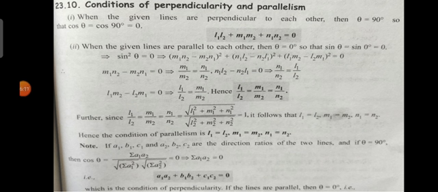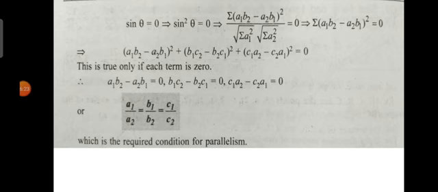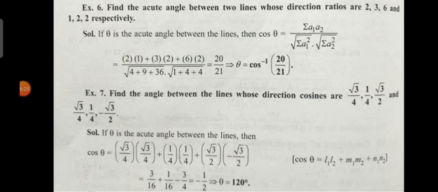If you are given direction ratios, use the second set of equations, and if you are given the cosines, use the first two equations. Okay, I think it is clear.